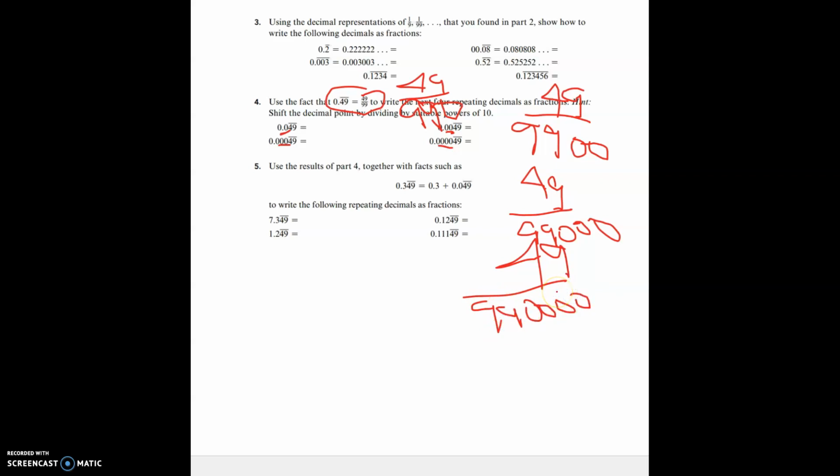And again, if you're not sure, go ahead and take your calculator and take 49 divided by whichever one you want to check, and just see if that does what you want it to do. All right, so again, I'm going to pause one more time in case you're slowly figuring this out. Use this example to try to write these as fractions, and I'll come back one more time.